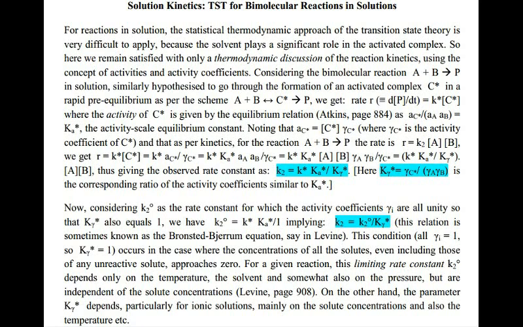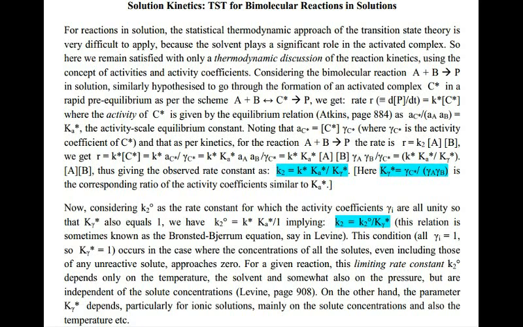K gamma star is the ratio of activity coefficients, gamma of C star divided by gamma of A into gamma of B. So we see that the rate is equal to k star into Ka star divided by K gamma star into square bracket of A into square bracket of B.